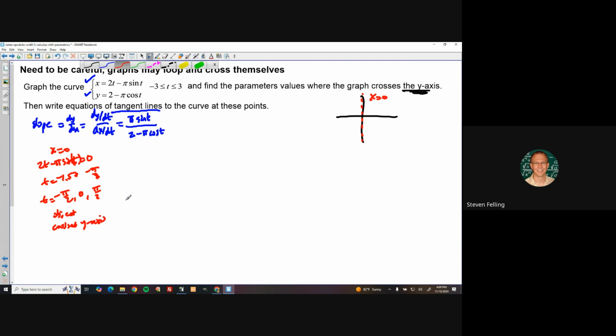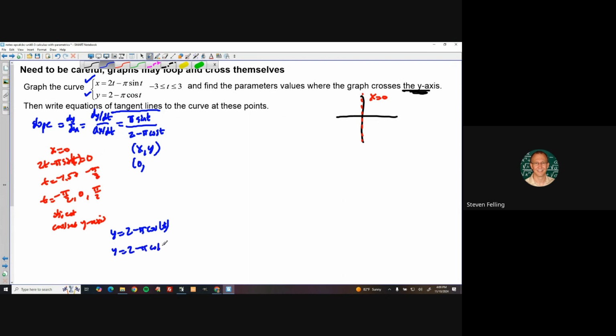Okay, so we want to write the equation of the tangent lines there. I'm going to have to find the location of the points. First I need to know the x and y. Well, we know x is 0 because we found times where that's true. What is y? If y is 2 minus pi cosine t, I can try plugging in negative pi over 2.